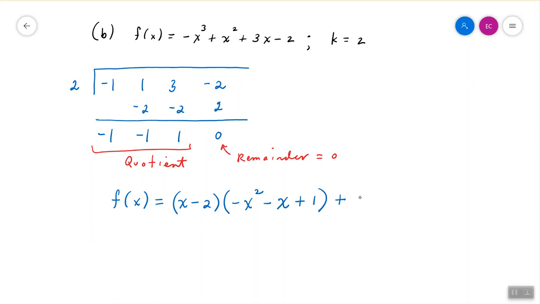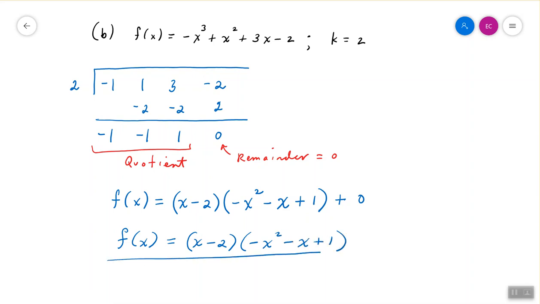And then plus the remainder, plus 0. We could write plus 0, but what we'd really like to do is go ahead and simplify that. And then we just have x minus 2 times negative x squared minus x plus 1. And we can box that up.